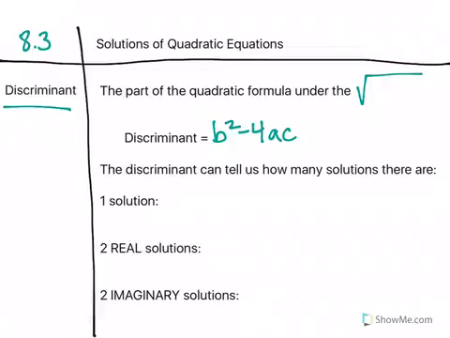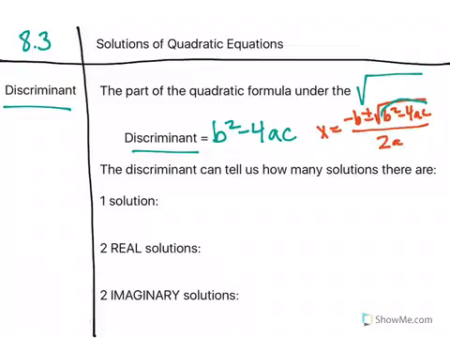So if you remember our quadratic formula from yesterday, it was that x equals negative b plus or minus the square root of b squared minus 4ac all divided by 2a. So the discriminant is just this part underneath the radical sign. So that's what we're really going to focus our attention on today, is just b squared minus 4ac.